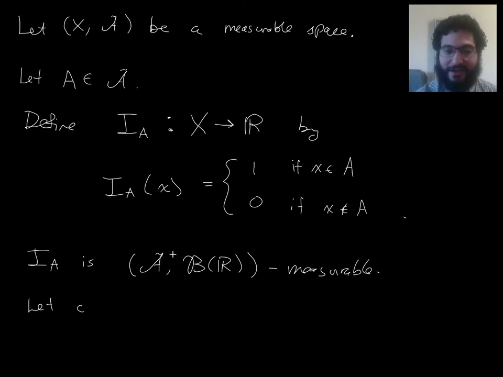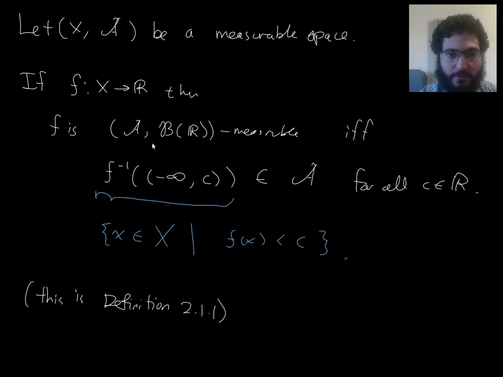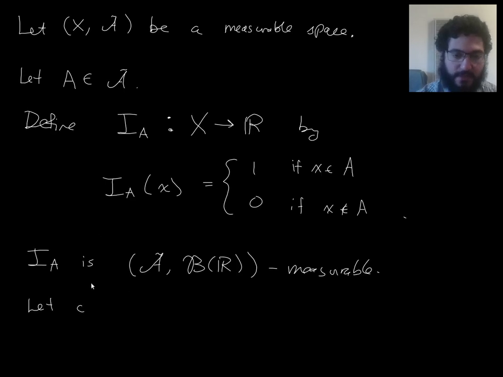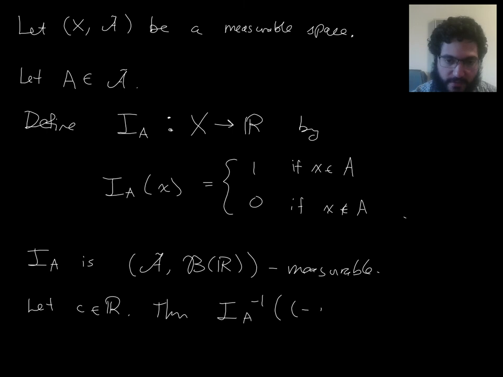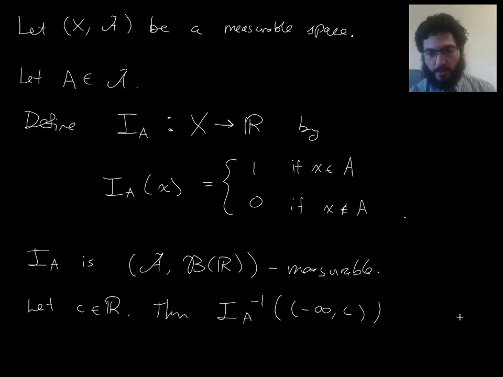Luckily, I don't have to do that, thanks to what we just went through, which is that it's sufficient to look at these. So let c be a real number. Then what's the preimage of this interval running up to c? Well, it depends on what c is. So if c is negative, or even if c is 0, considering that, even if c is 0.